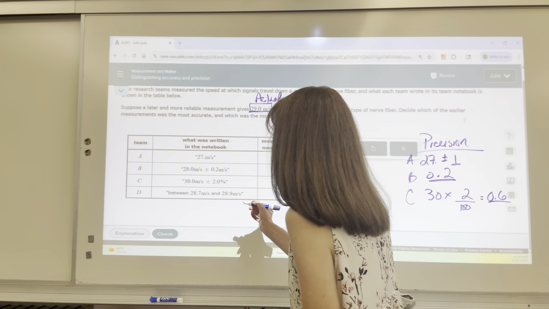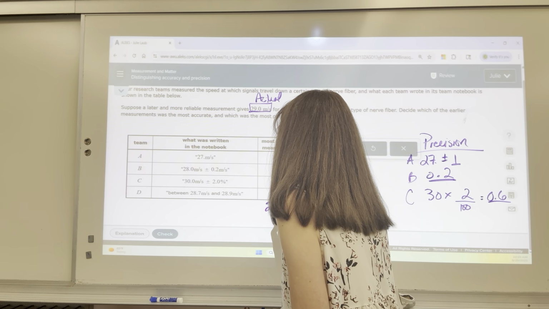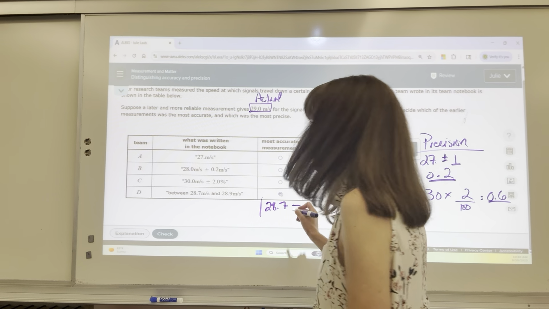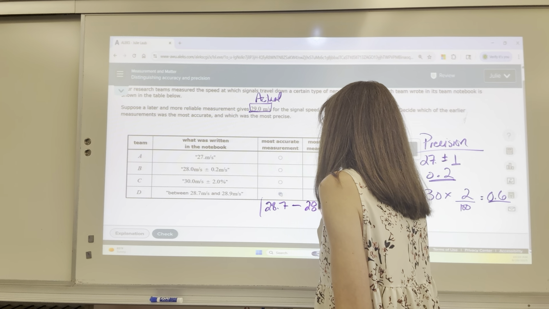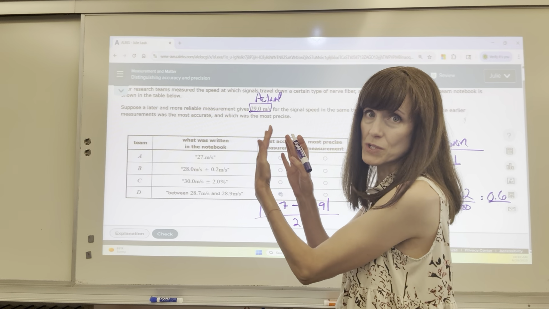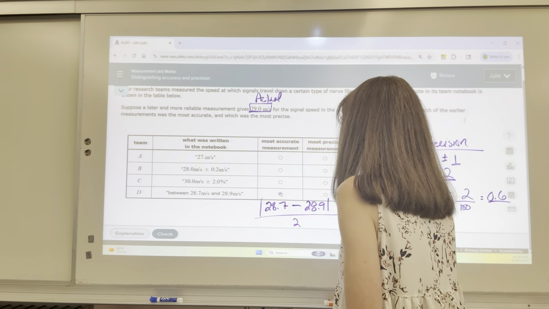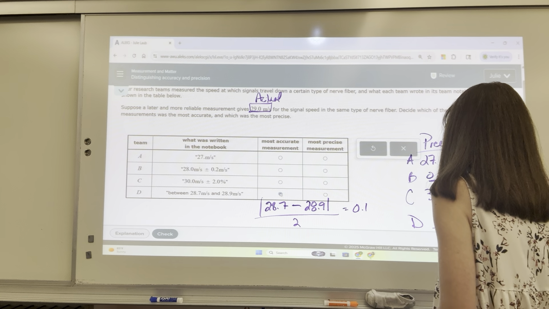Let me write it right here. So on D, do this as an absolute value. You're going to have the 28.7 minus, I'm subtracting, I want to know the distance between these two, 28.9, divided by 2. That tells me half the distance between these two, and that's going to give me 0.1. So D is going to be 0.1.